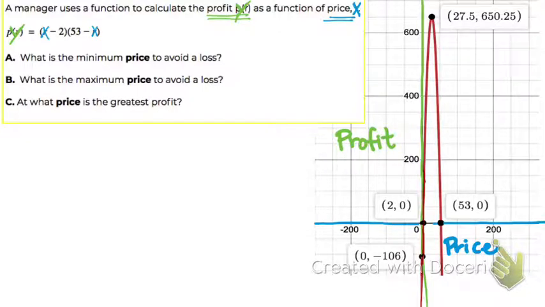So think about what each of the axes represents. For instance, the X-axis represents price. Can price be negative? Do I care about this left side of the graph when the price is negative, when X is negative? No, so let's erase that portion of the graph.